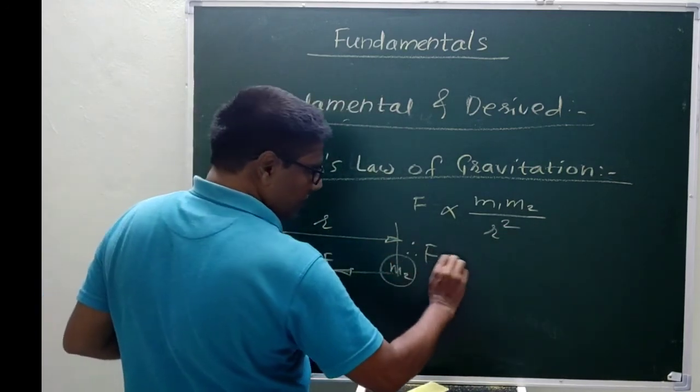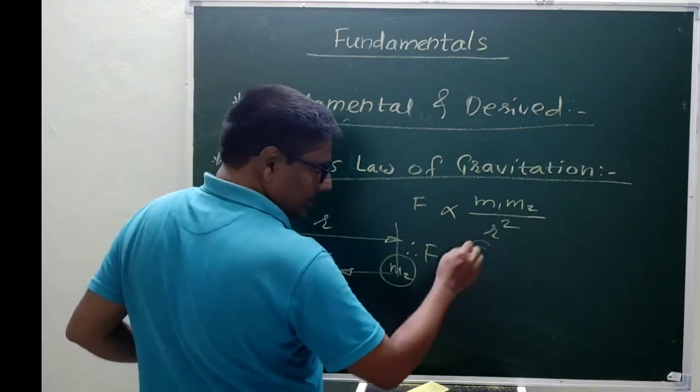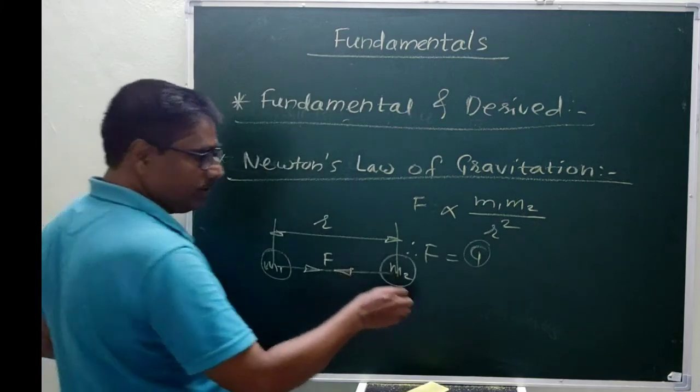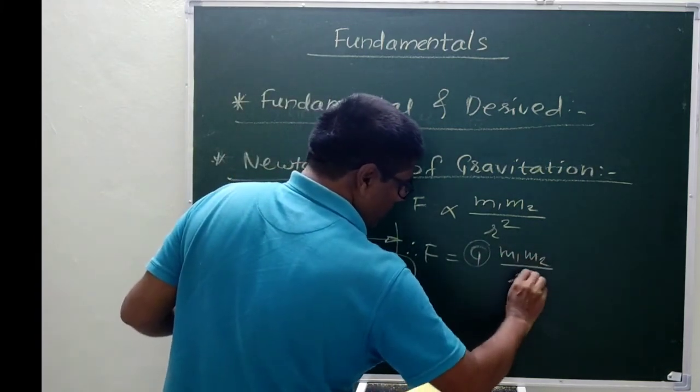Therefore, F is equal to some proportionality constant, capital G, this is nothing but gravitational constant, m1 m2 upon r square.